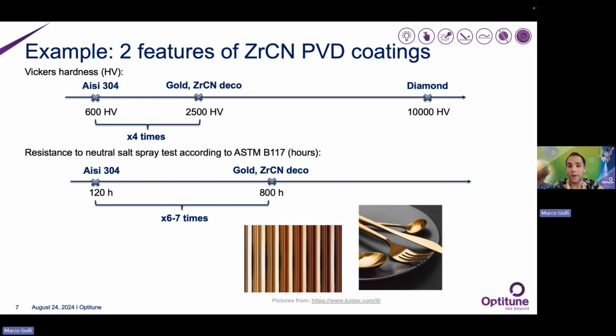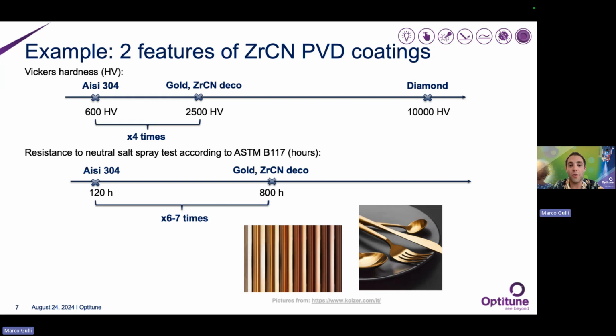Indeed, AISI 304 is around 600 Vickers usually, but with some coatings obtainable with this mixture, we can go up to 4 times, and up to the first part of 10,000 Vickers, which is the hardness of the hardest element in nature, diamond.